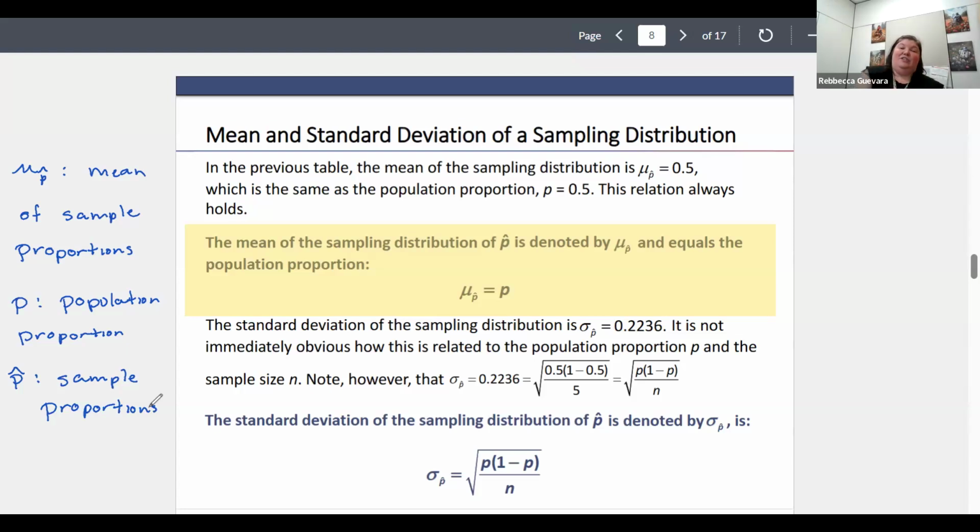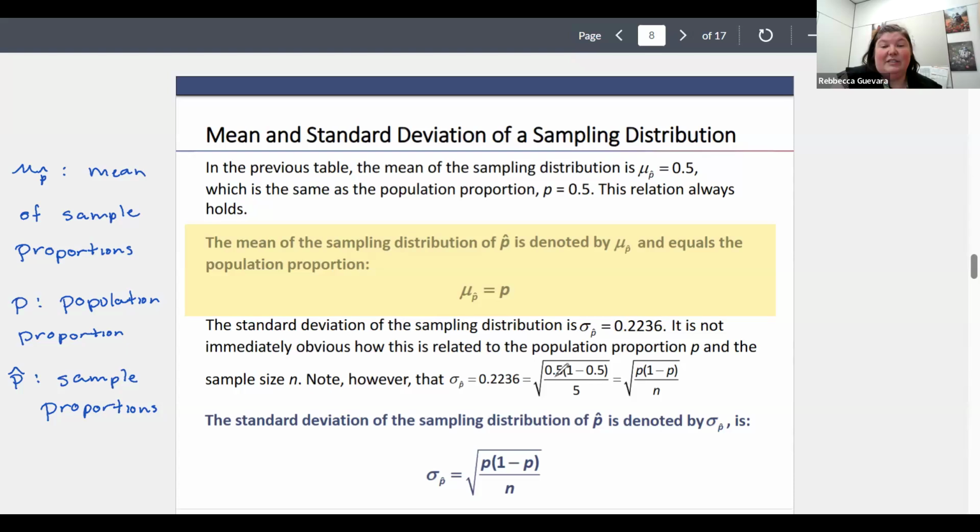Okay, so for the standard deviation, as we said, it is not immediately obvious how we get that. Like what we did with the standard deviation of sample means, where there was a connection between the standard deviation of a population and the standard deviation of my sample means, here there should be a connection between proportions and the standard deviation of your sample proportions.